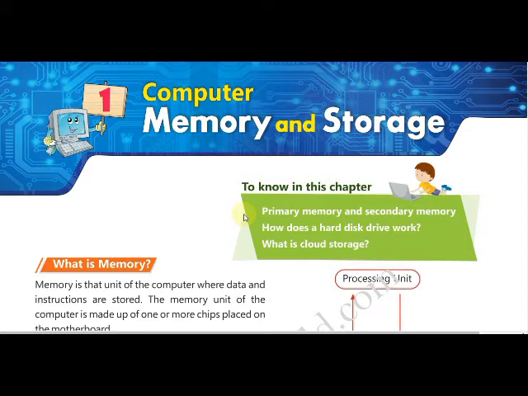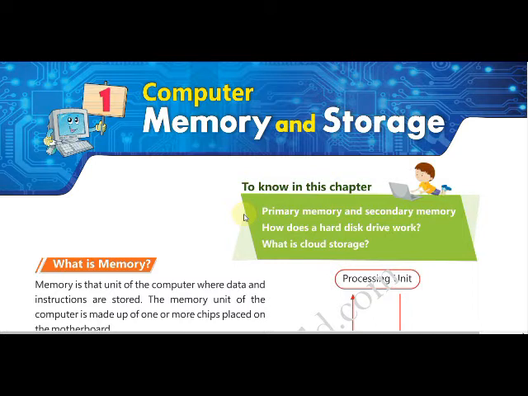The control unit controls, or monitors, the entire flow of data. Next, the arithmetic and logic unit, the ALU: whatever calculations are related to arithmetic and logic are completed through this unit. And at the end, the last one is the memory unit.